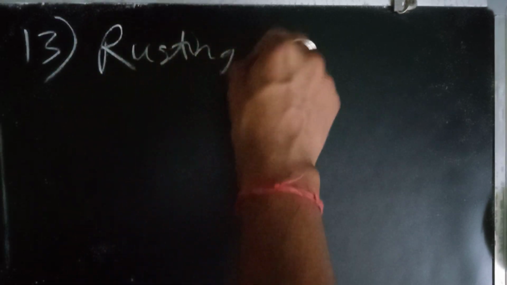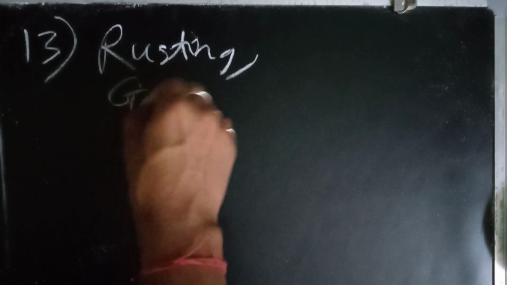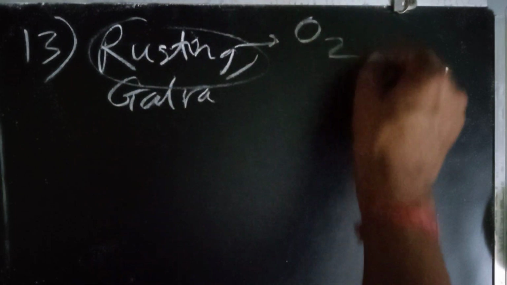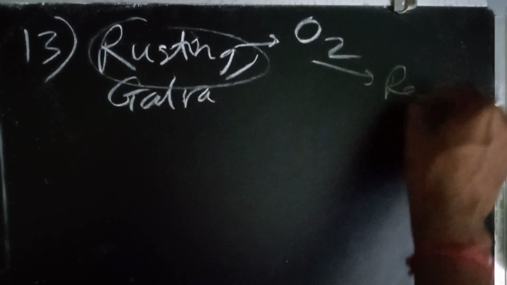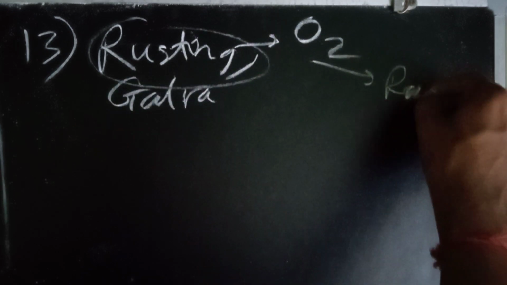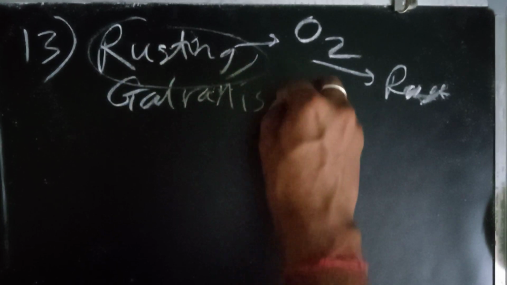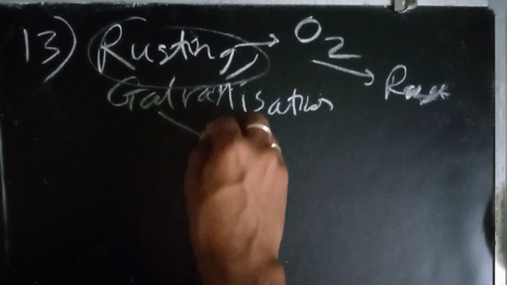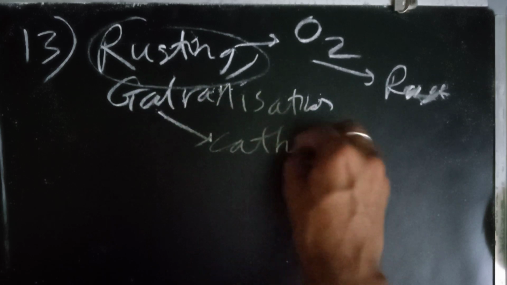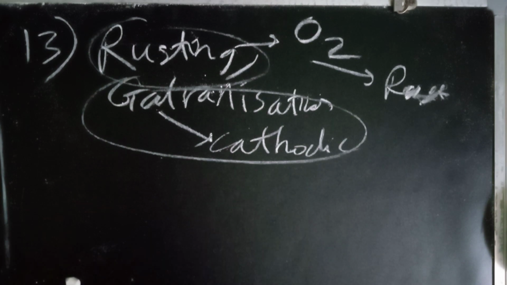The 13th question was on rusting and galvanization. One option was something like presence of oxygen will lead to rust. That was right, and I think all the options were right. I don't remember exactly, but whether galvanization is a cathodic operation or not was also asked in one of the options, so think over it.